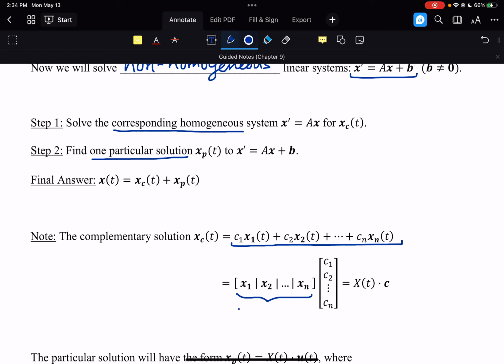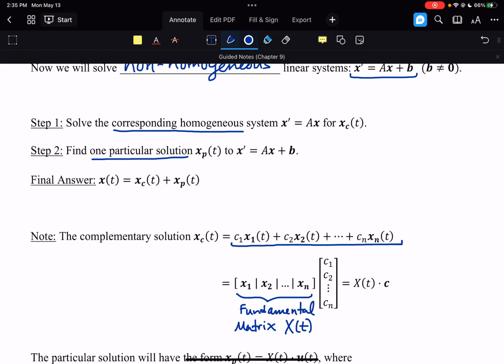This matrix, if we recall, is the fundamental matrix, abbreviated capital X of t.